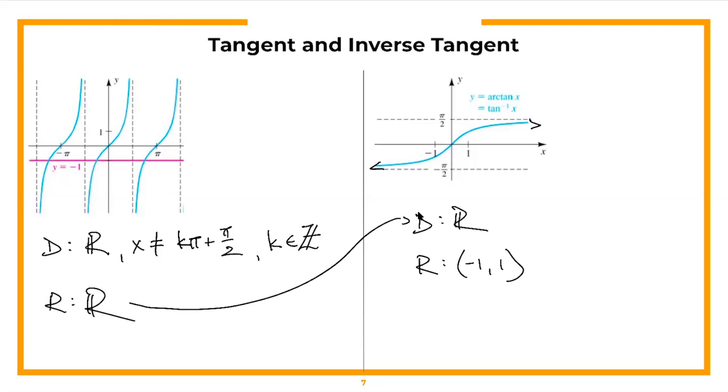So these are our 3 trig functions and their inverse trig functions in graph form. It would be really important to make sure you know your domain and your range for these. And actually, I'm sorry, that's not -1 to 1. It is -π/2 to π/2.